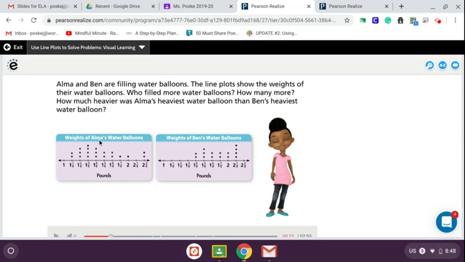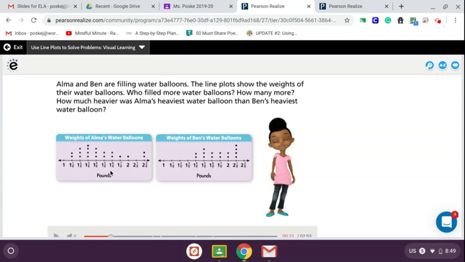So this person, Alma, made a lot of water balloons. She made 1, 2, 3, 4, 5, 6, 7, 8, 9, 10, 11, 12, 13, 14, 15, 16, 17, 18, 19, 20. These dots, these points, represent how many water balloons Alma made.